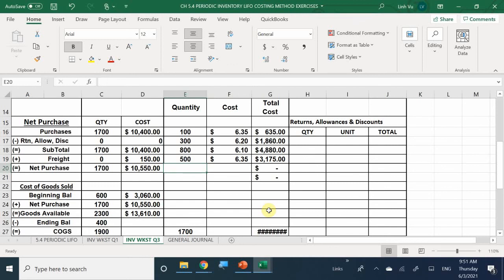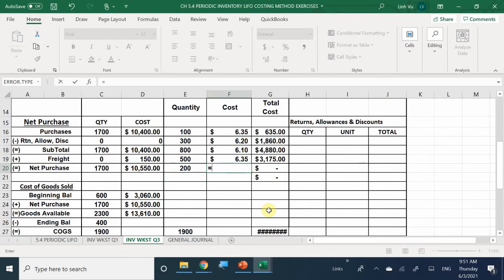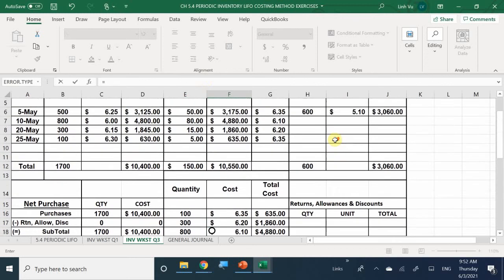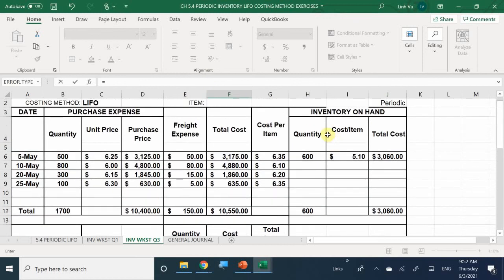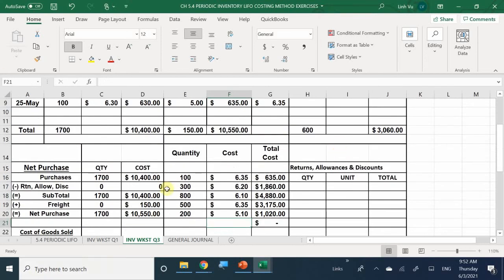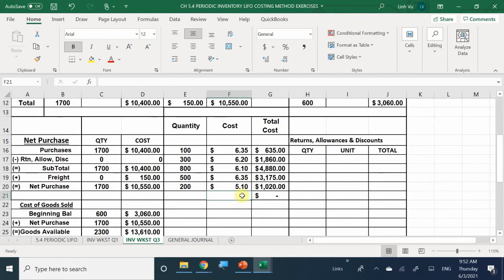And now we're dipping into our beginning inventory, because that's all that we have left. What was my cost per item for my beginning inventory? $5.10. So here, the grand total should be $10.20.